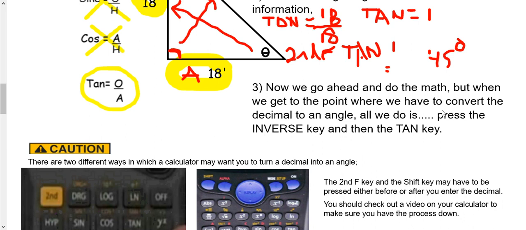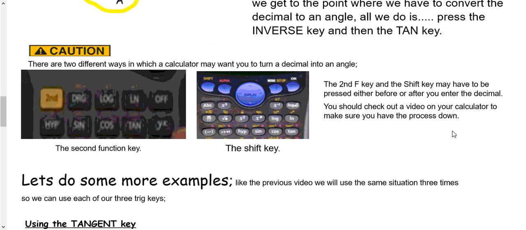And the second function, your calculator might say shift, or it might say inverse. Let's have a look at what those actually look like down here. Okay, so a big caution. There are two different ways in which a calculator may want you to turn a decimal into an angle. One of them might look like a second function key.